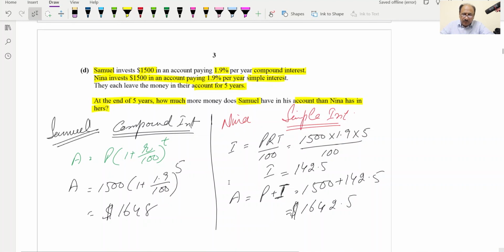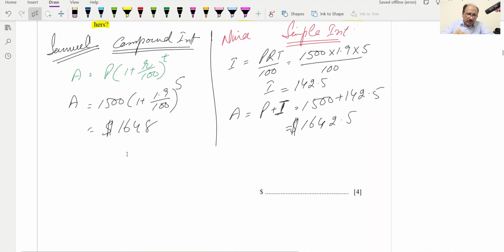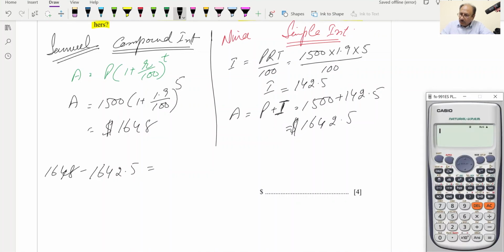So the difference of amount, or the additional amount with Samuel, will be 1648 minus 1642.5. Basically we have to subtract, and this will be equal to $5.5.